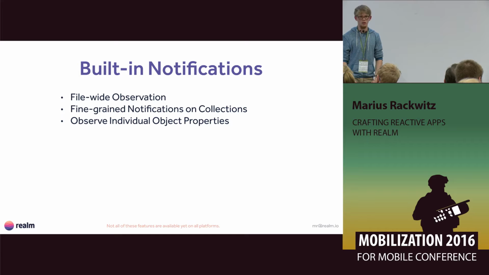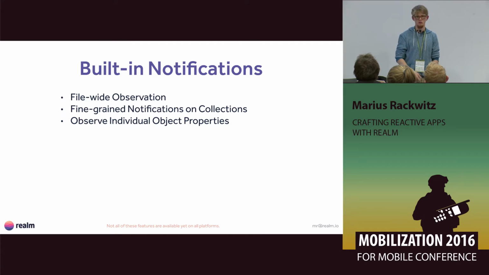So you would get notified there was a new person inserted, who is 32. There was a person deleted from this collection because it was changed. It was an error, it's 29. And movements within the collection. So very fine-grained, and that helps you a lot with building UIs on the basis of that, as you can directly do animations and stuff like that.